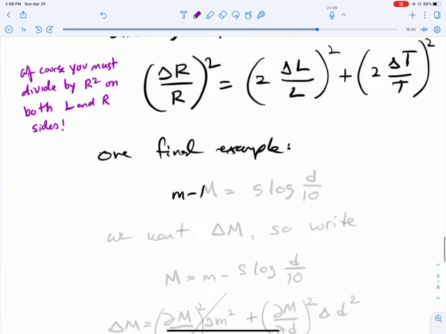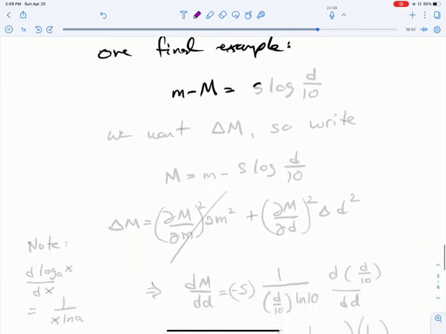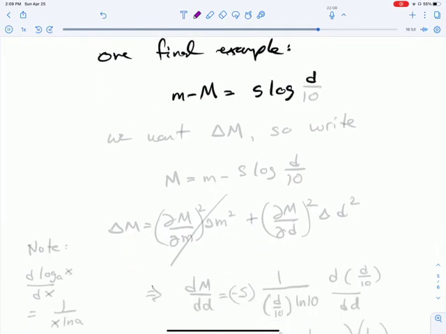So let's take our equation for the distance modulus, 5 log d over 10. And in this case, we want the uncertainty on the absolute magnitude. So we're going to write it like this.